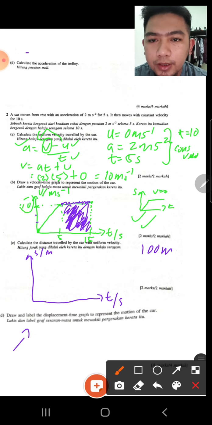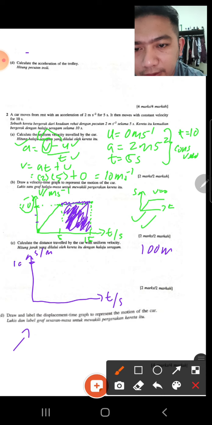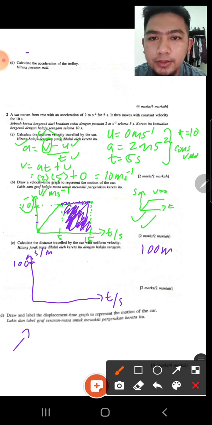If we refer to the earlier graph, the maximum displacement is 100 meter. So here must be 100 meter.